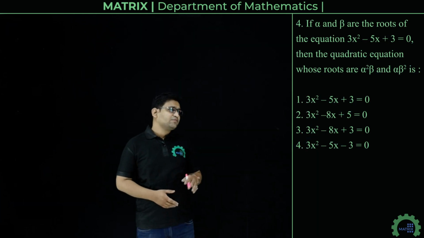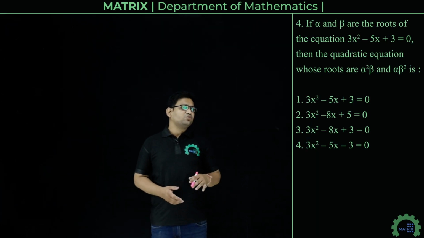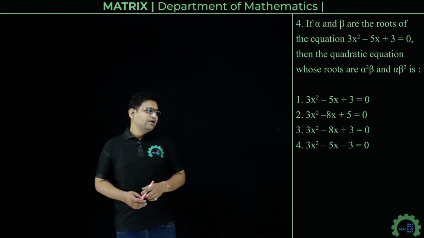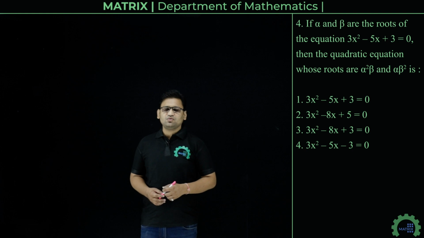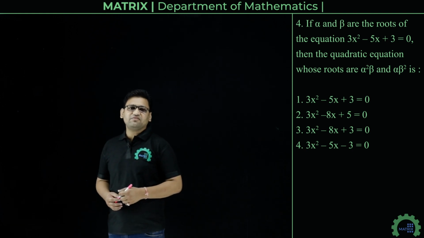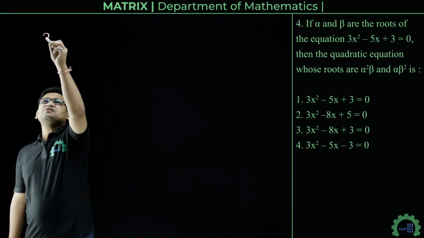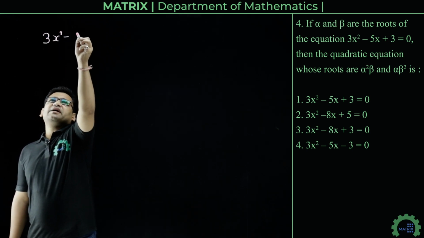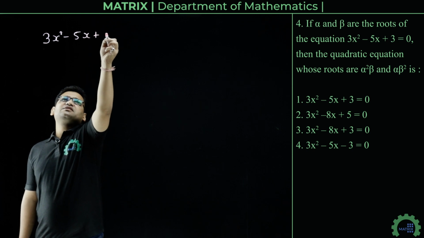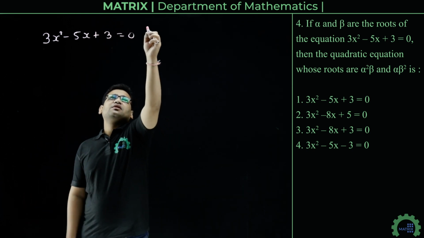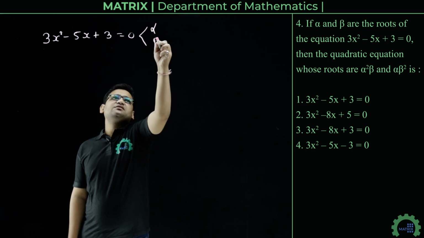Next question is, if alpha and beta are the roots of the equation 3x square minus 5x plus 3 equals to 0, then we have to find the quadratic equation whose roots are alpha square beta and alpha beta square. So first of all, we are given an equation 3x square minus 5x plus 3 equals to 0, and alpha and beta are its zeros.